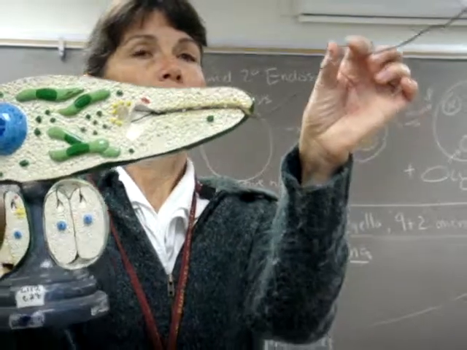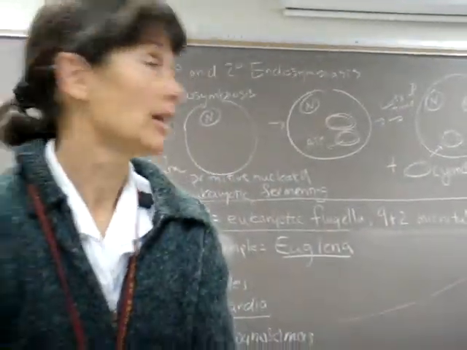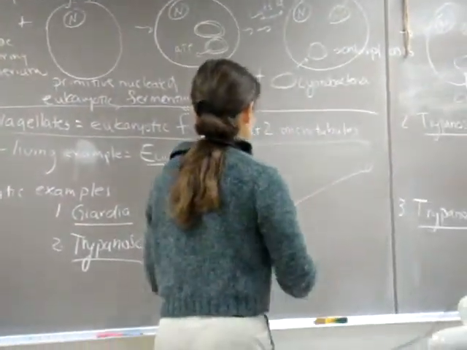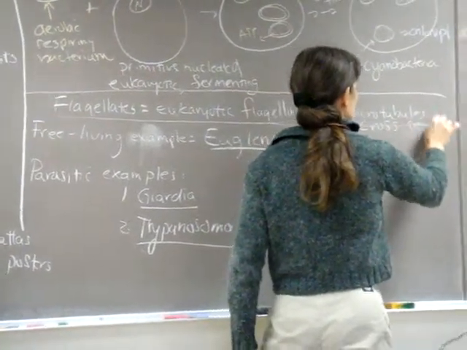So what that means is if we were to take a cross-section through the eukaryotic flagellum and put it on a microscope slide and look at that cross-section, we would see, okay, so this would be a cross-section of the flagellum.